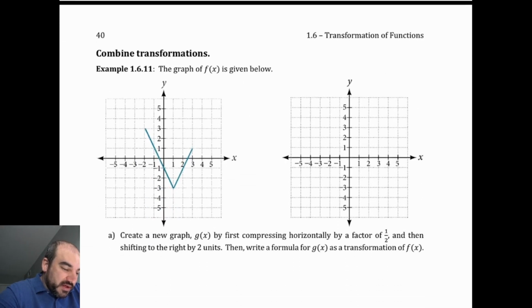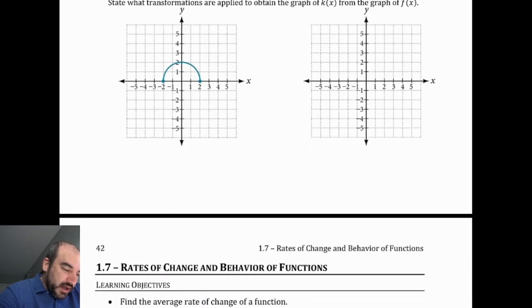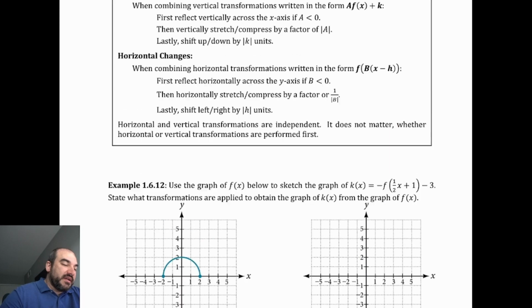You'll see this represented in a function like this one, and on the last page of the section, you'll see that this 1/2 is being multiplied by the x rather than the function, right? If the 1/2 was out here, then it would be the whole function that we're multiplying by. But here, we have the 1/2 next to the x, which means it's affecting the x values.